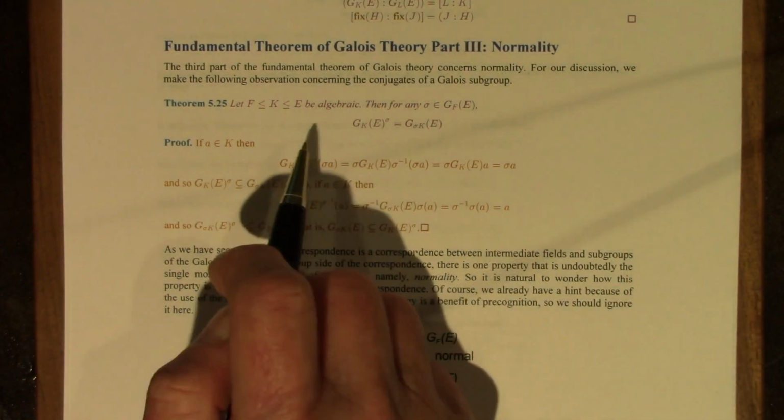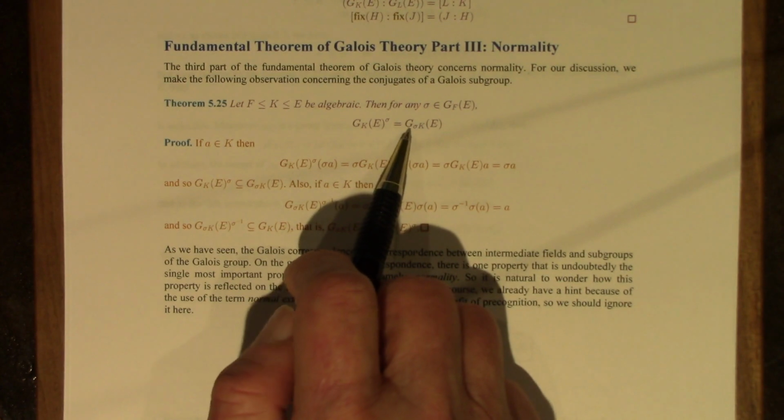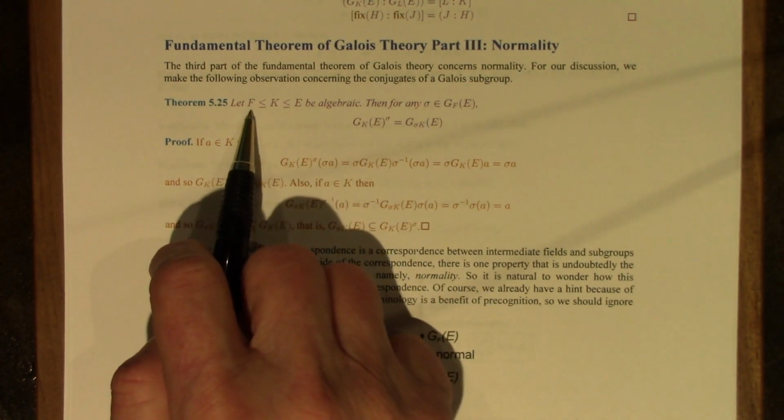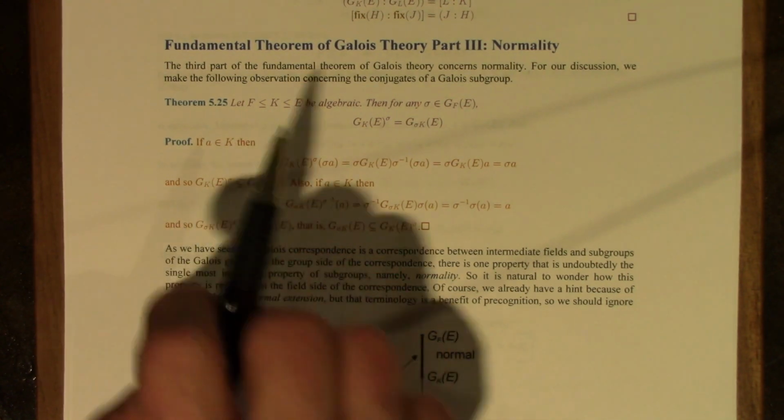For this discussion, let's make an observation about the conjugates of a Galois subgroup. So suppose we have a two-tower of fields, and it's algebraic.